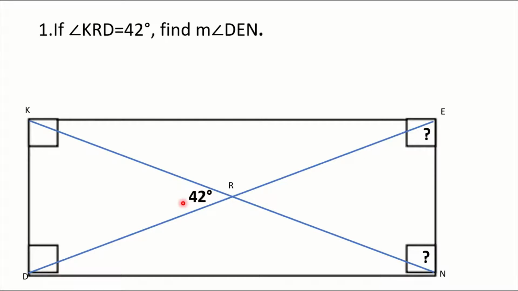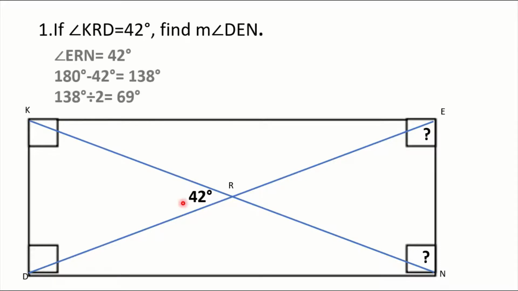So, meron kang dalawang nawawala, no? Bakit? Kasi, the angle here is 42, no? So, the angle here on the other side is also 42. Katulad nung nangyari kanina sa 37 dito.